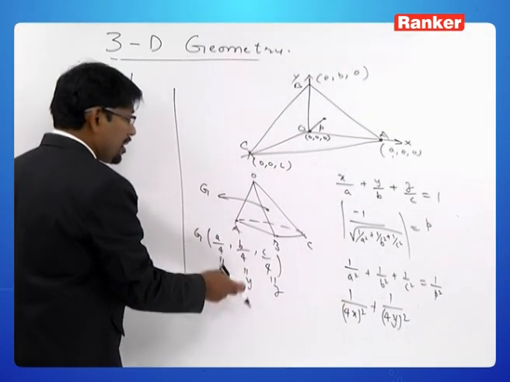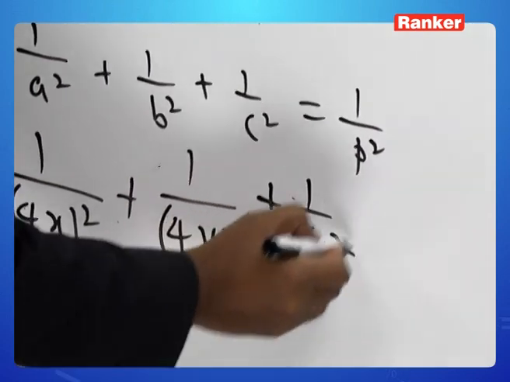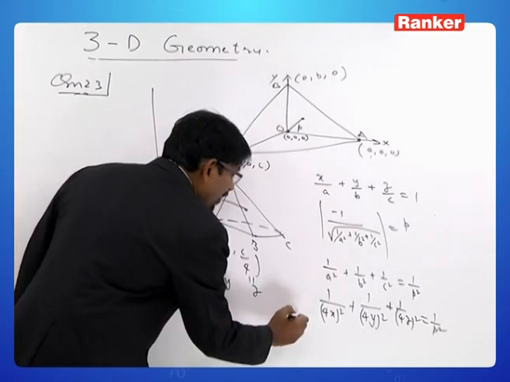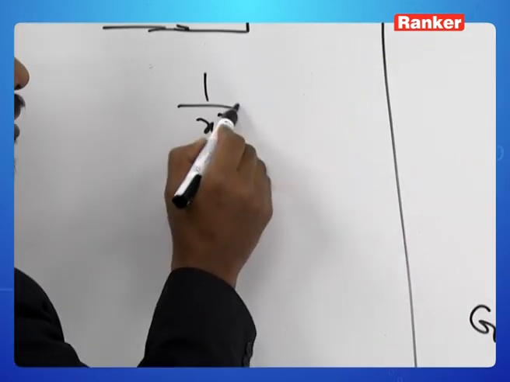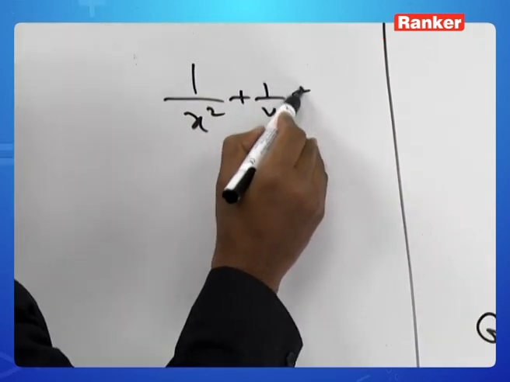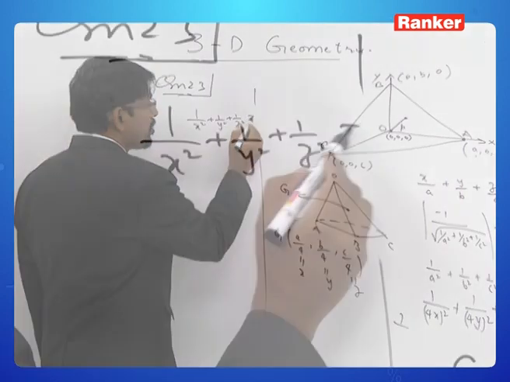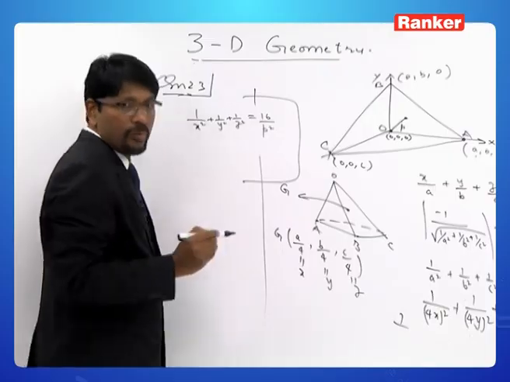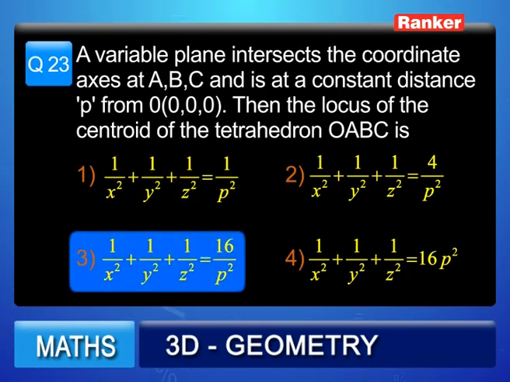Similarly, b is equal to 4y, and 1 by 4z the whole square is equal to 1 by p square. So clearly from here we get 1 by x square plus 1 by y square plus 1 by z square to be equal to 16 by p square, and that is the answer that's available in option 3. So answer is option 3.